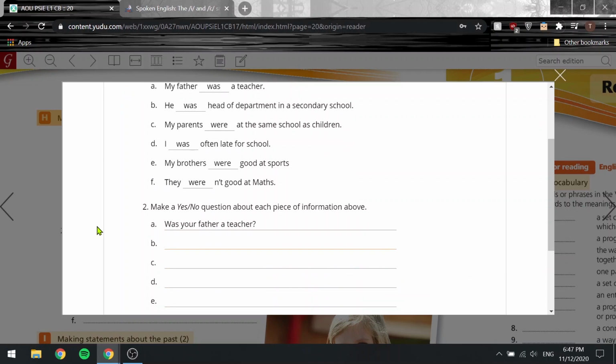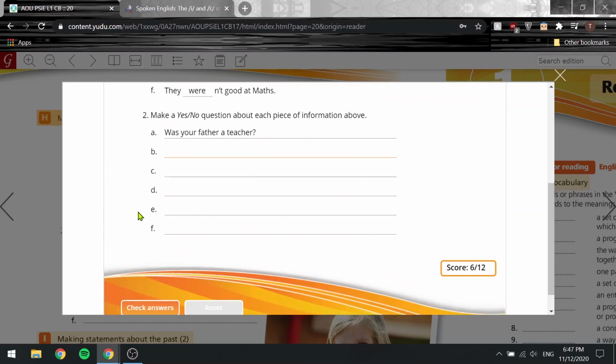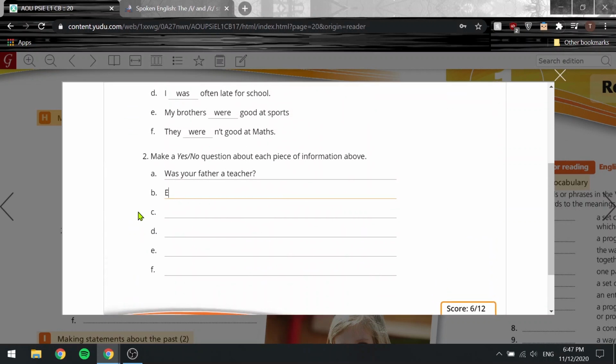Was your father a teacher? Yes, he was. No, he wasn't. That's a yes or no question. Okay. He was head of department in a secondary school. So we'll say, was he head of department in a secondary school? Question mark. Was he head of department in a secondary school?